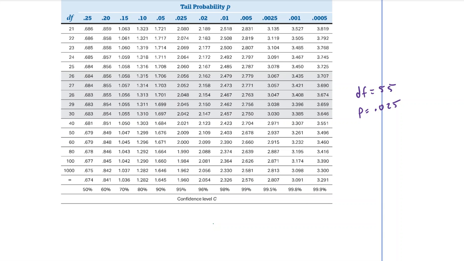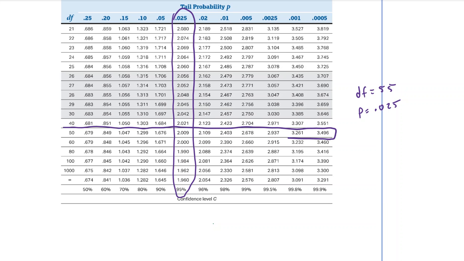Well, I can circle my 0.025 column. That's no issue. But there's no degrees of freedom row for 55 in this table. So in that case, what you're going to do is round down to the next lowest degrees of freedom. Since 50 is the next lowest degree of freedom value in this table, I'm going to circle the 50 row in place of having 55.